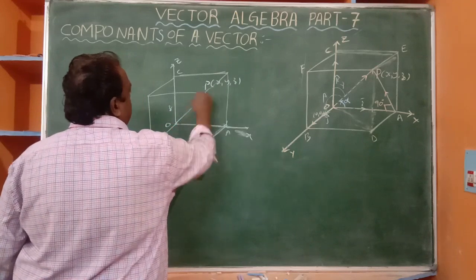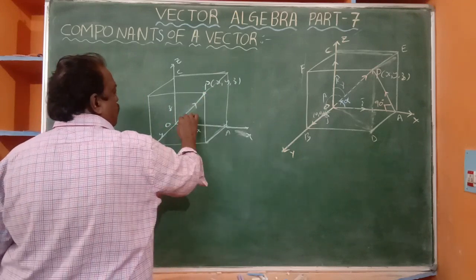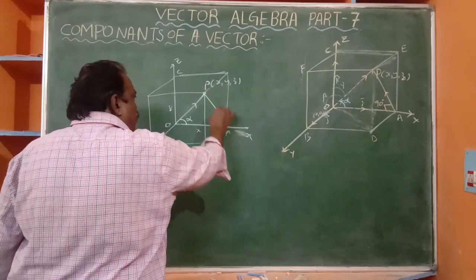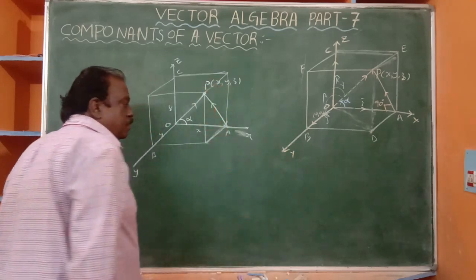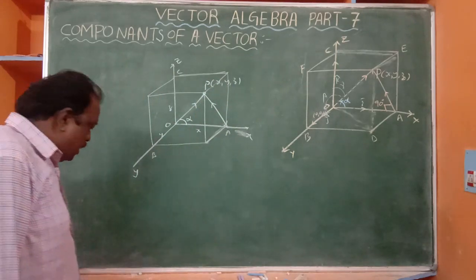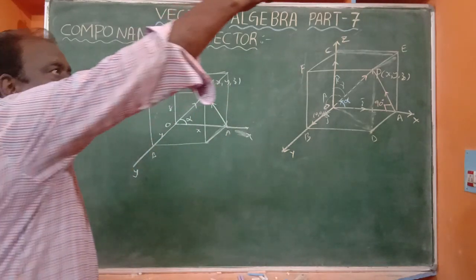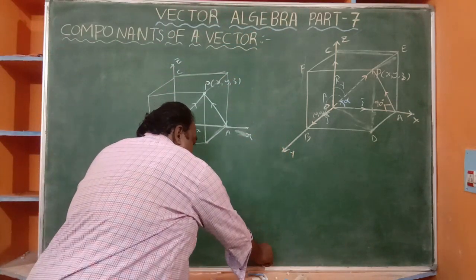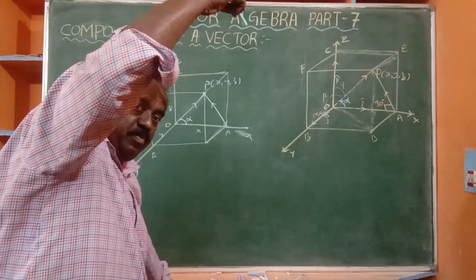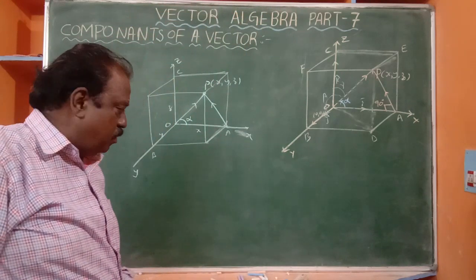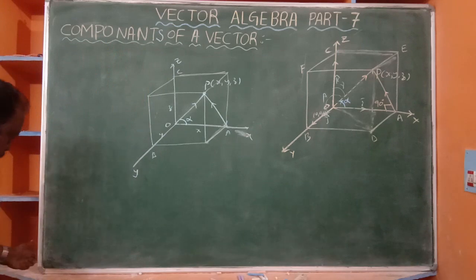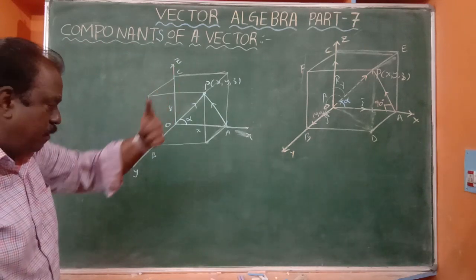We join OP. That OP makes an angle alpha. And again we join AP. You see now, it is already on the x-axis. P is a point. From P to A, it is perpendicular. You have to understand. The OP vector is there, here is the y-axis line.